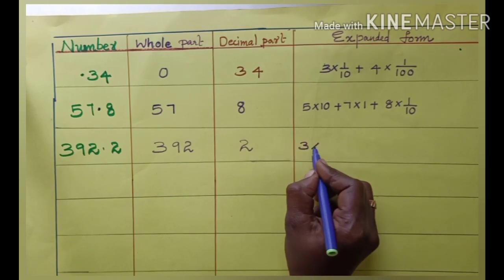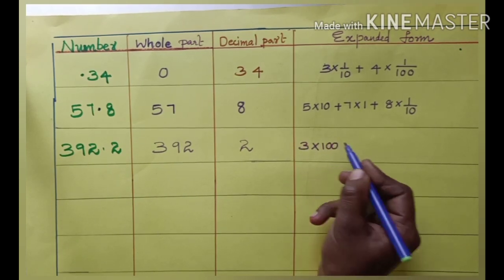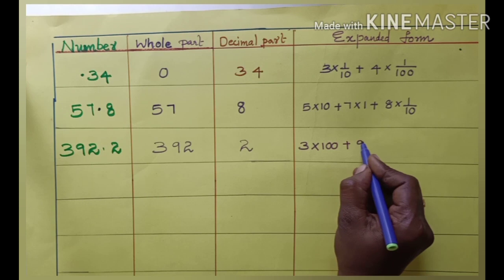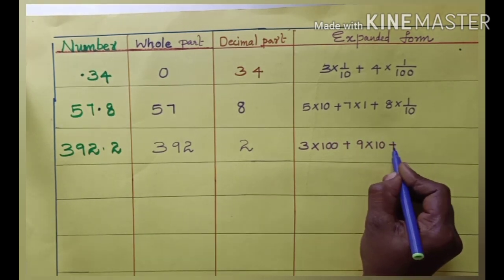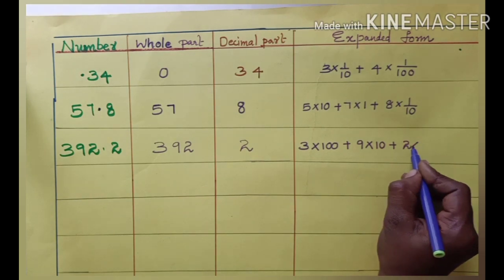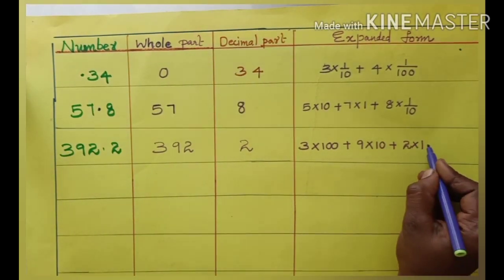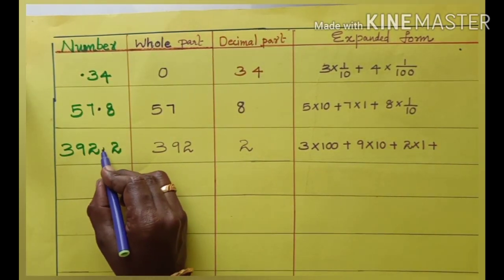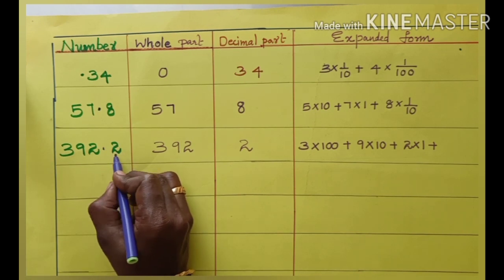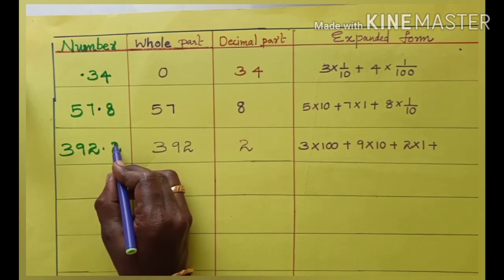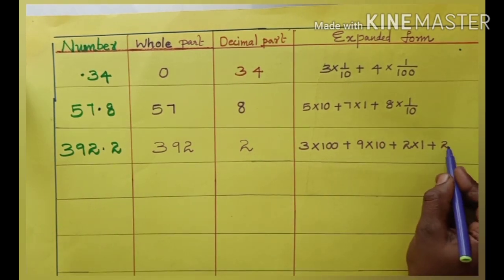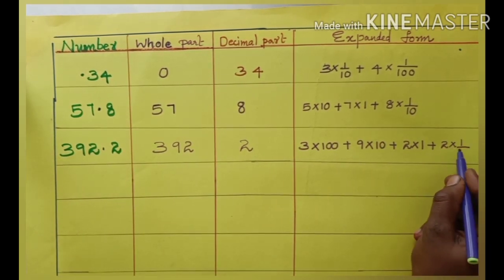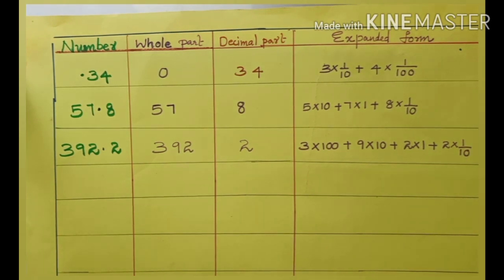So 3 into 100 plus 9 tens, 9 into 10, plus 2 into ones place, 2 into 1, plus after the point, this is the tenth place. Here the digit is 2. So 2 into tenth place, 1 by 10.